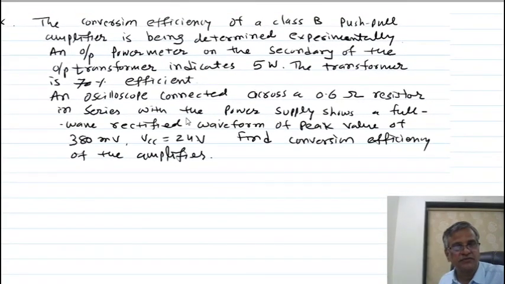This is a conversion efficiency. Try to solve this numerical. If it is not possible, then I'll keep a solution on Moodle for lecture number 9. Okay, here is the end of your lecture.